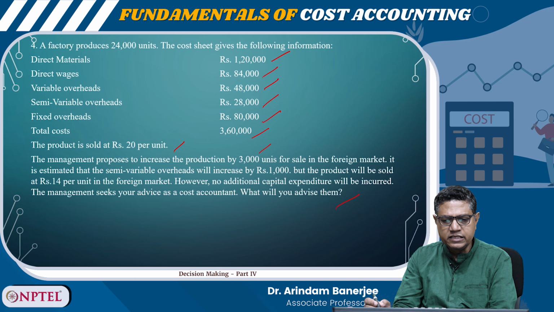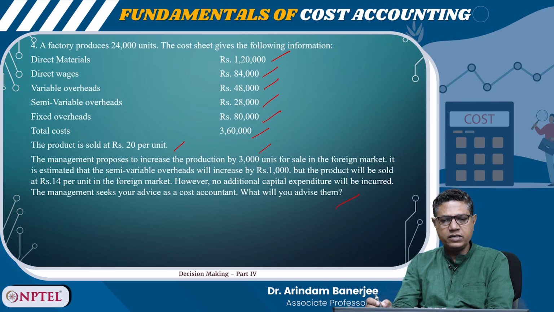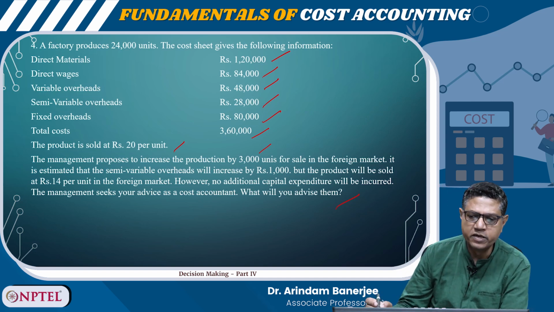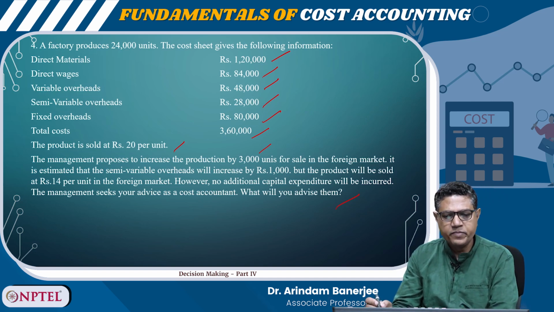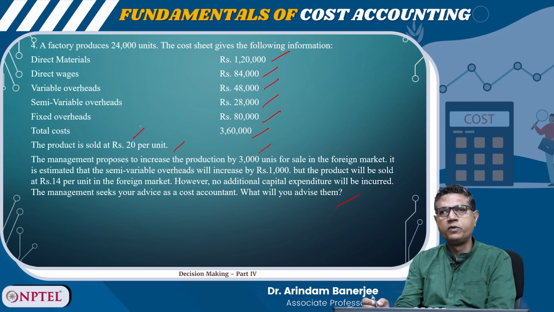It is estimated that semi variable overheads will increase by 1,000, but the product will be sold at 14 per unit. In the domestic market the price is 20 rupees per unit, but the company proposes to sell it at a lower price.